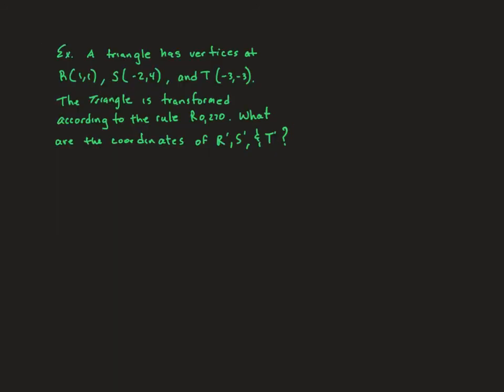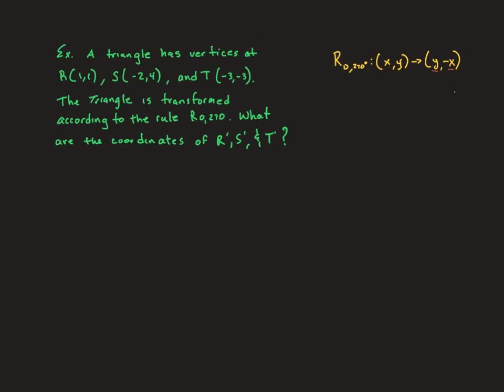All right, so this example, a triangle has vertices at R (1, 1), S, and T, okay? The triangle is transformed according to the rule of 270. What are the coordinates of R'S'T'? Okay, well, 270. You may recall this from a previous slide. Here's my rule for 270 degrees rotation.